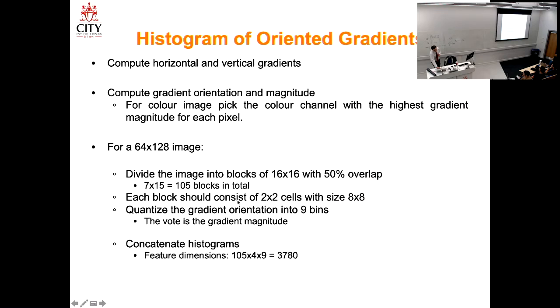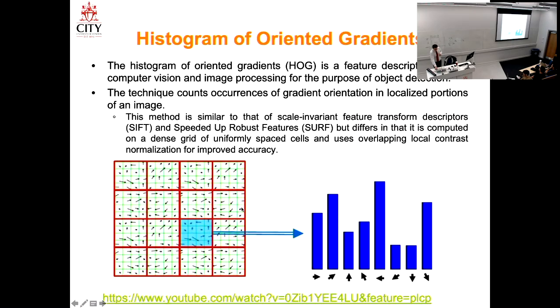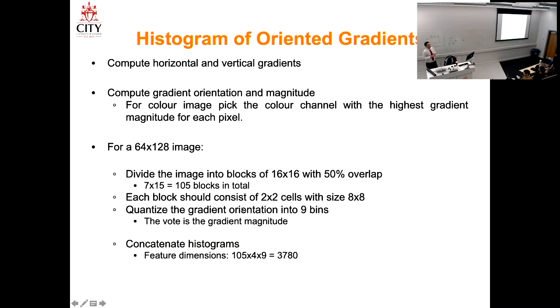In each block, I have a 2 by 2 cell. Each cell has a size of 8 by 8. And then I quantize the gradient orientations into 9 bins. And then I concatenate the histograms. So what I am doing here is having a 64 by 128 image converted into a feature vector of size 3780.